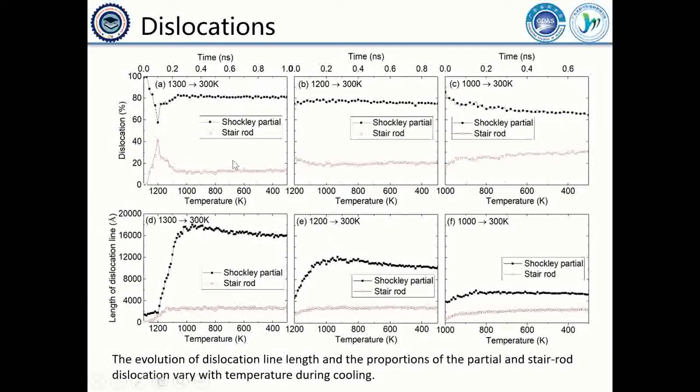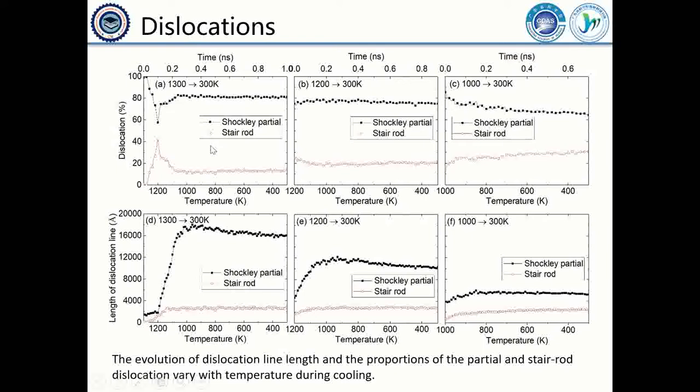This picture shows the dislocation network. It shows the typical evolutions of two main dislocations during the uniform decrease in temperature.